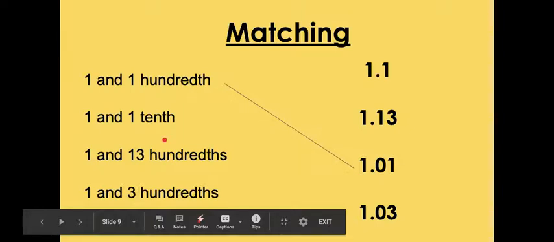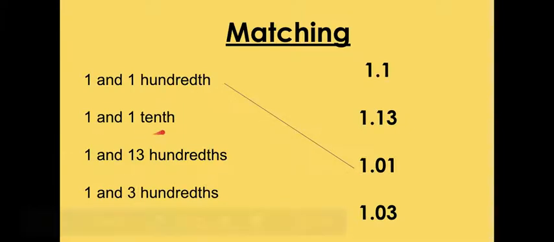The next one is 1 and 1/10th. So a little hint here, for a tenth, it's only going to have one number right after the decimal. Yep, you're right. Now sometimes they write it as 1 and 1/10th with a 0 here.